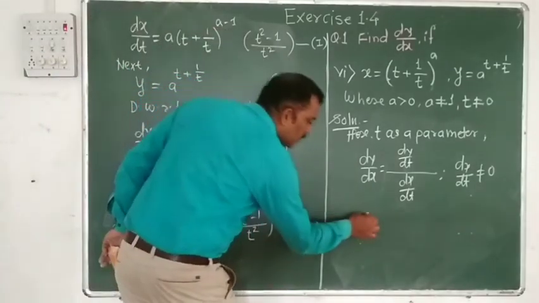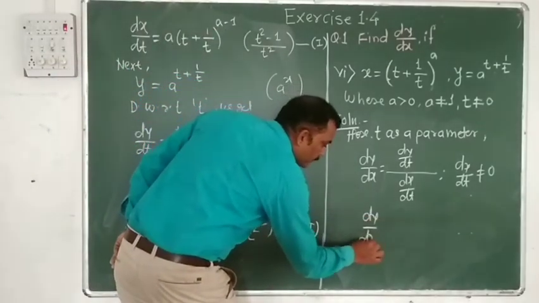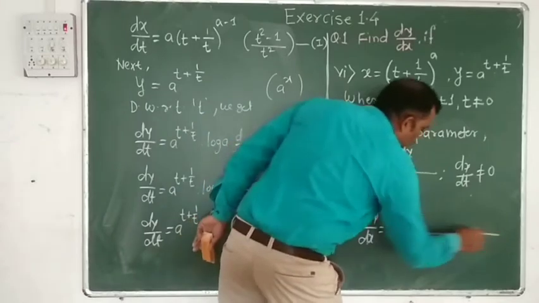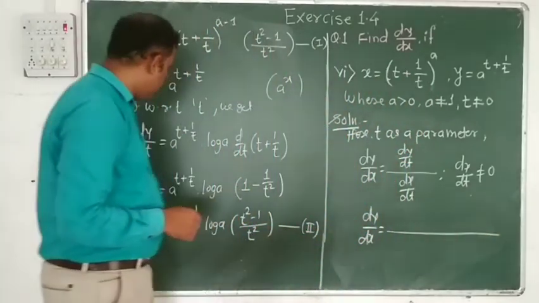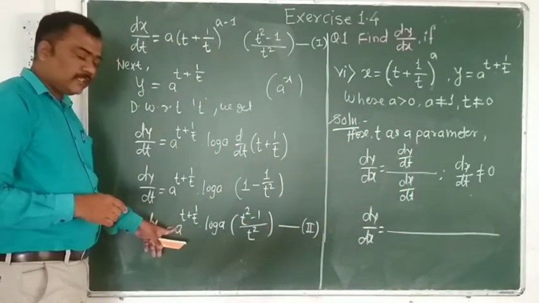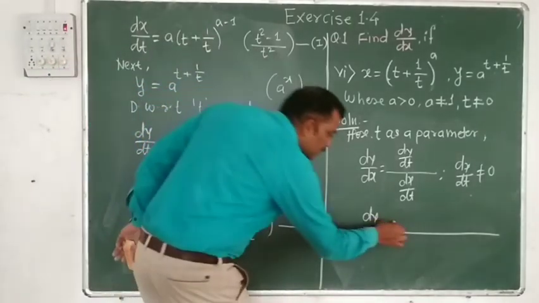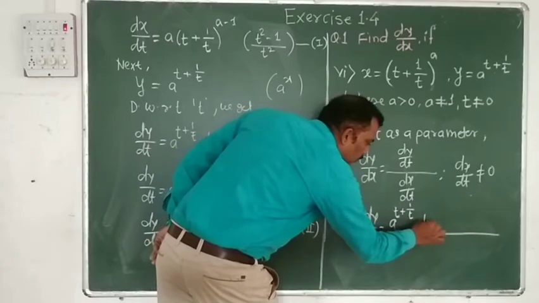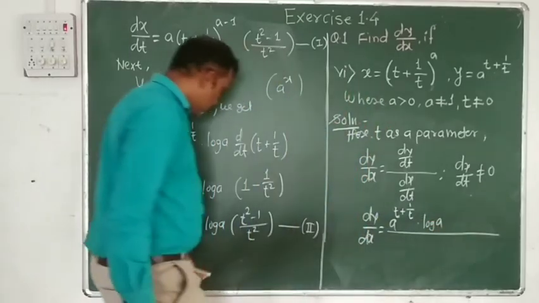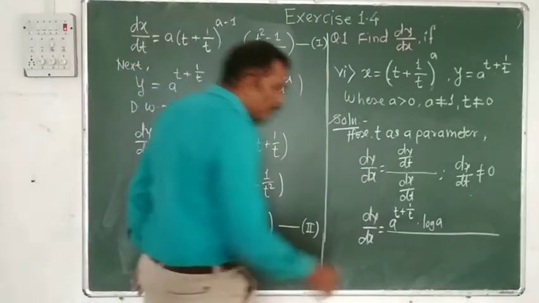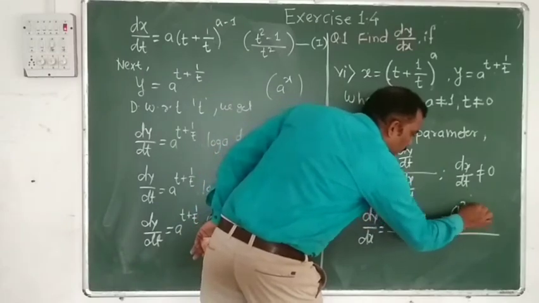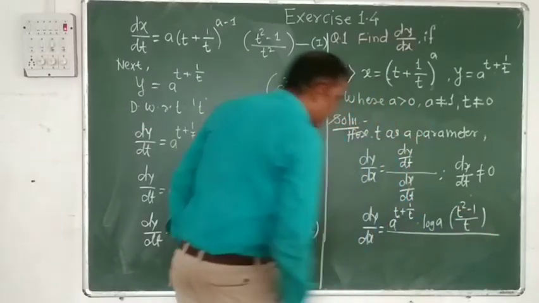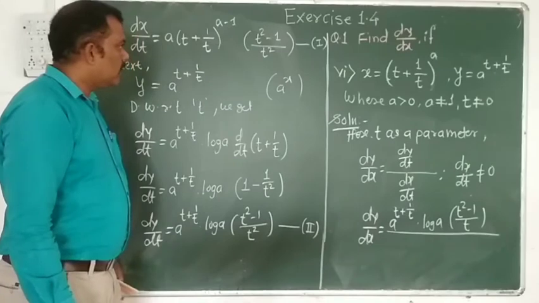So dy by dx is equal to, in the numerator, we substitute the value of dy by dt, that is a raised to (t plus 1 upon t) into log of a, into (t square minus 1) divided by t.